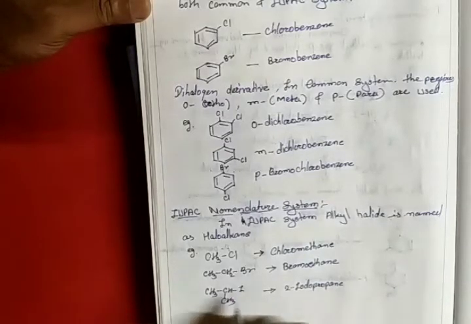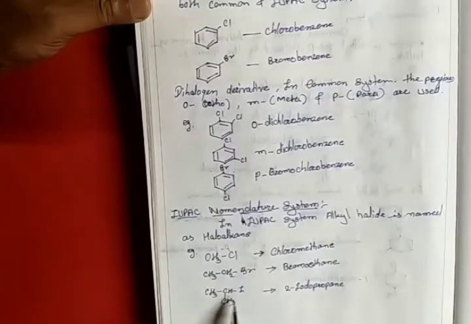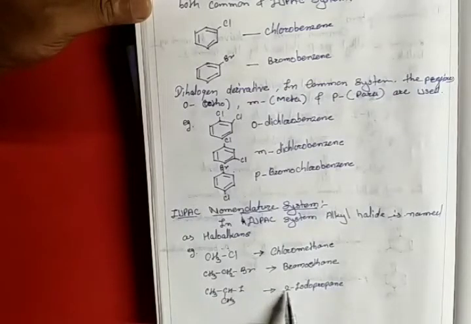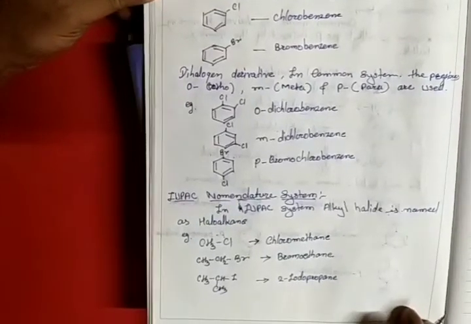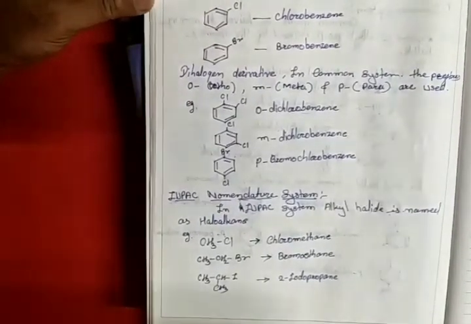The parent alkane is propane because there are three carbon atoms. In this propane, the iodine is attached to the middle carbon atom, which is the second position. So we have to write 2 to indicate the position of the halogen atom. So 2-iodopropane.